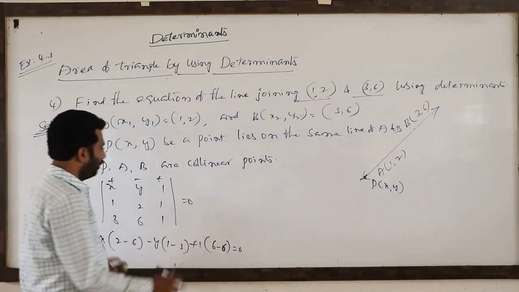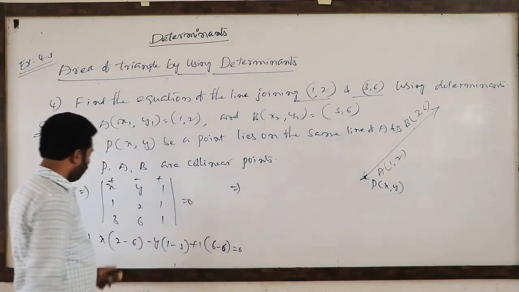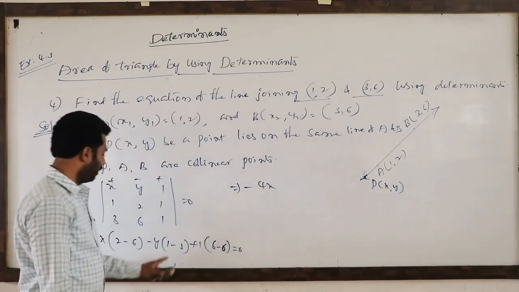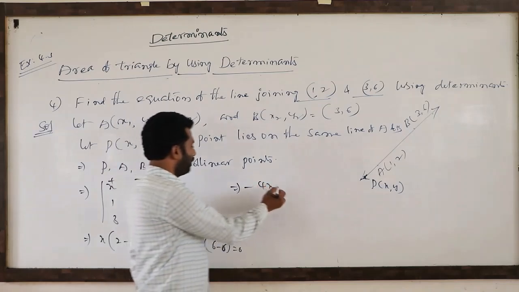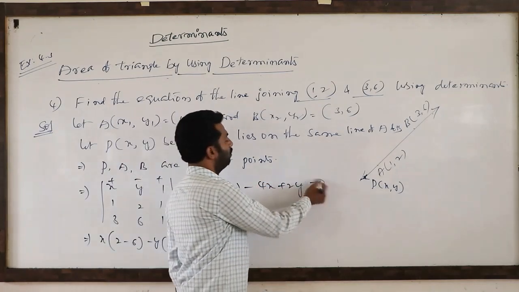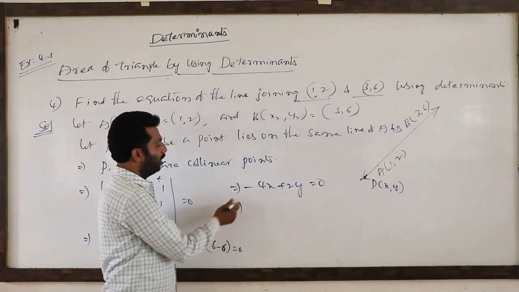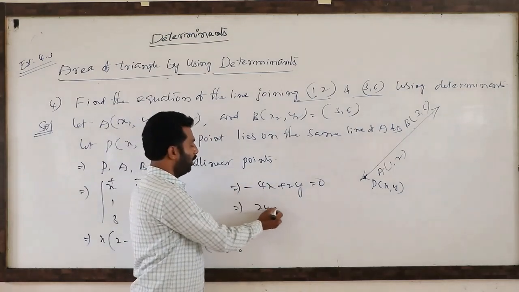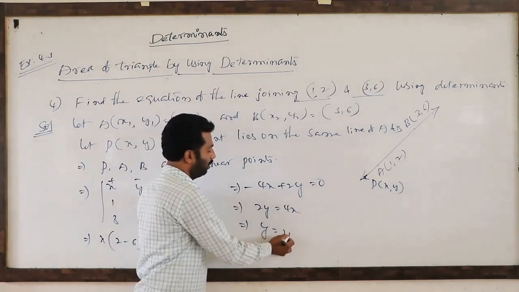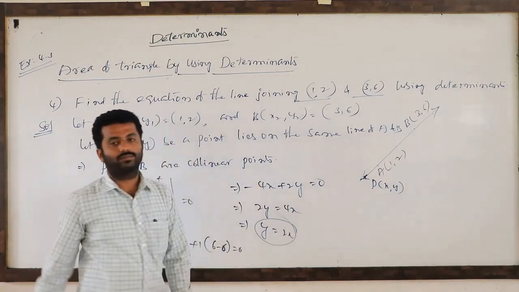Now this will be minus 4x plus 2y, equal to 0. So finally 2y is equal to 4x, which is nothing but y equal to 2x.